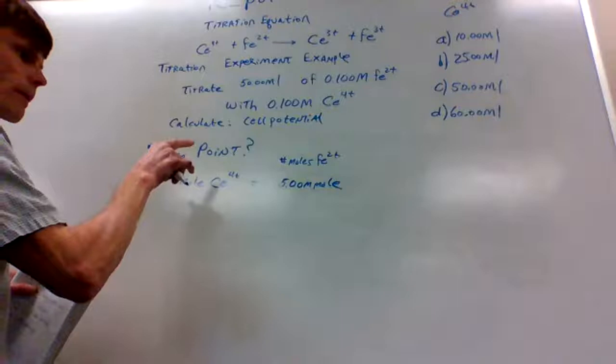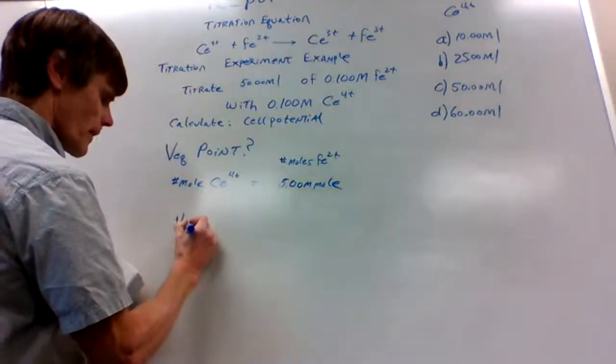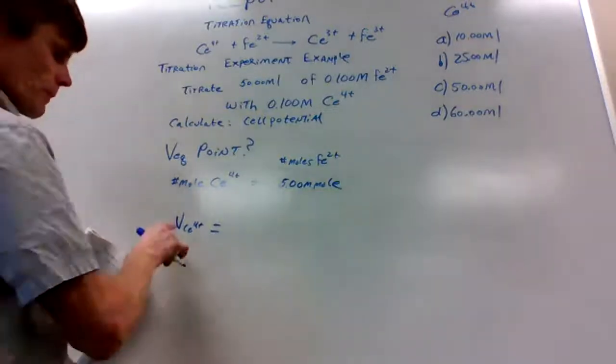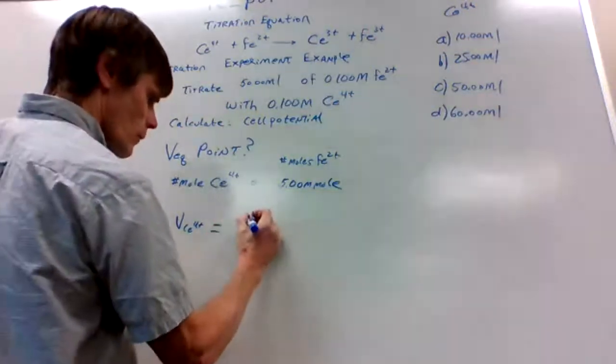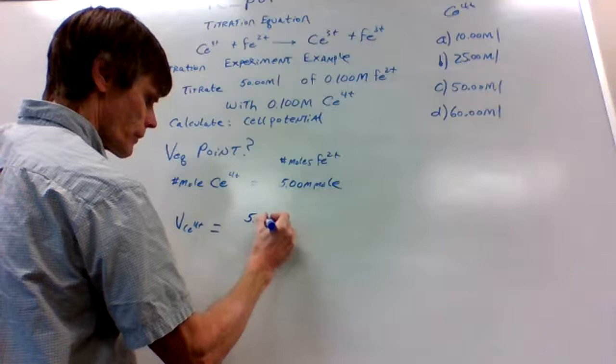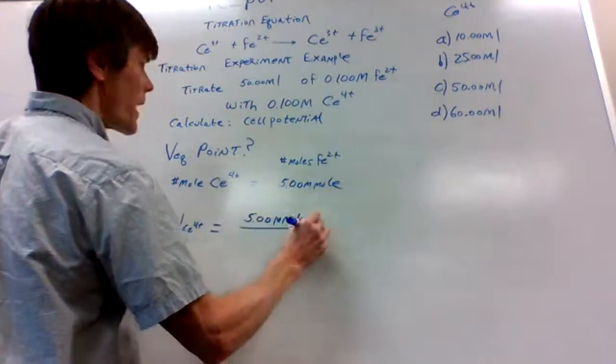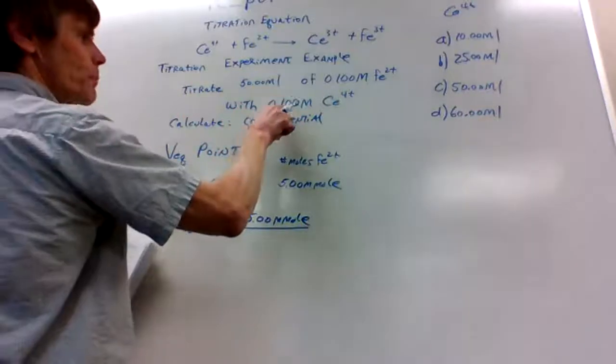To figure out the volume of Ce4 to reach the equivalence point, we put the number of millimoles divided by the molar concentration, 0.1.